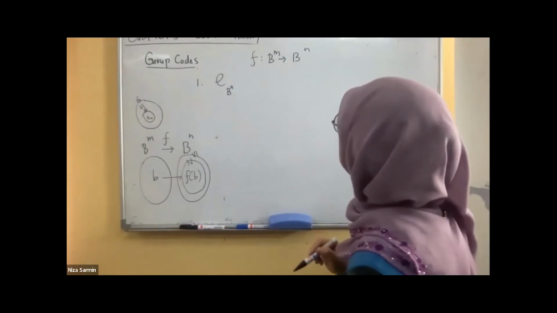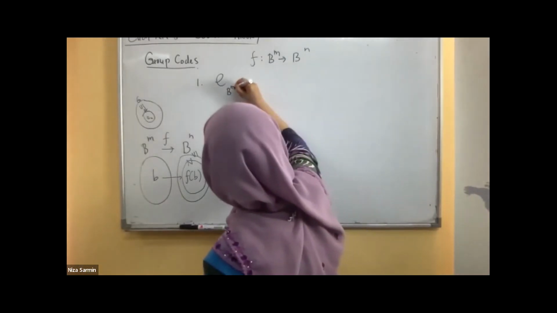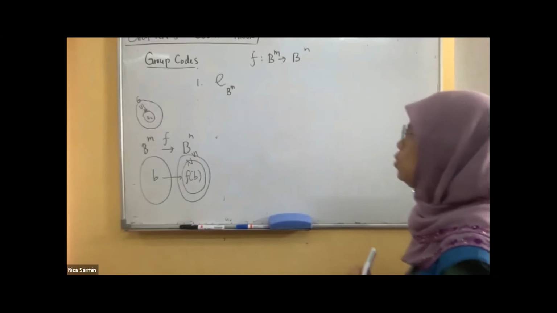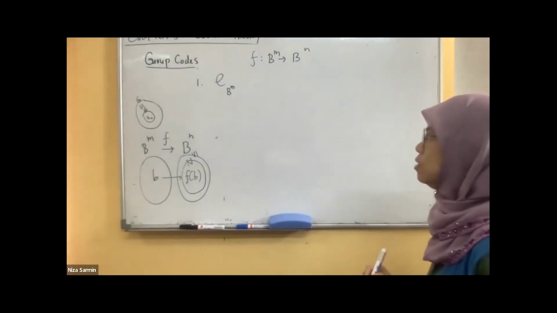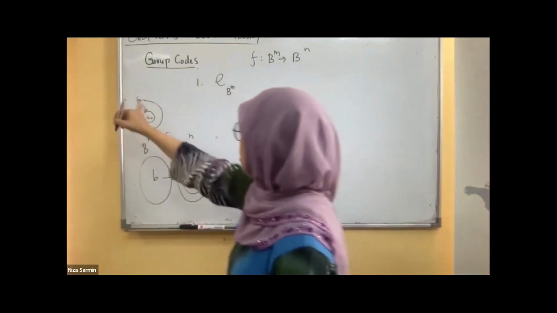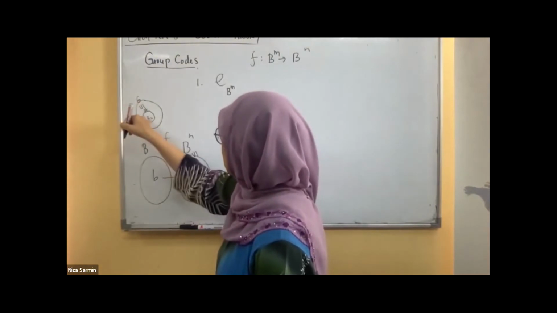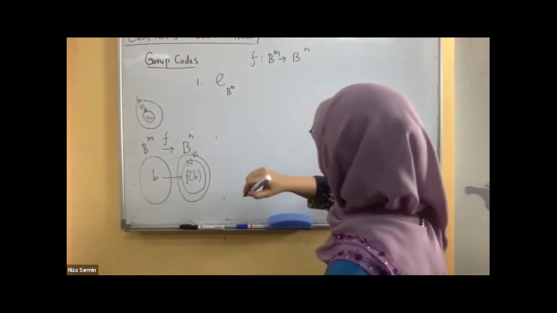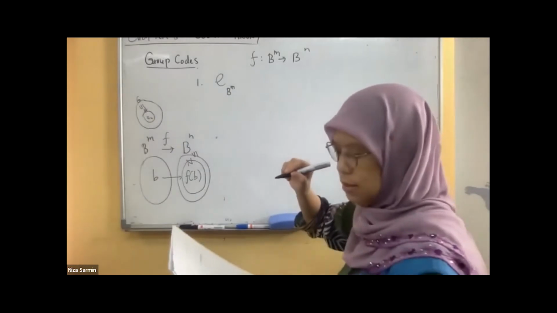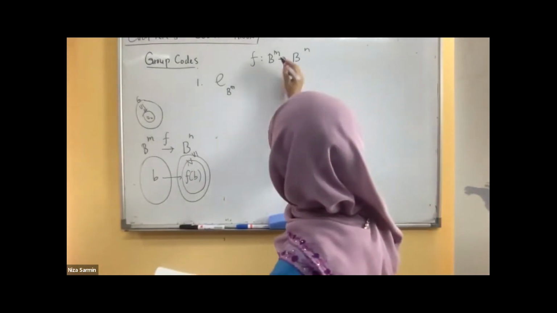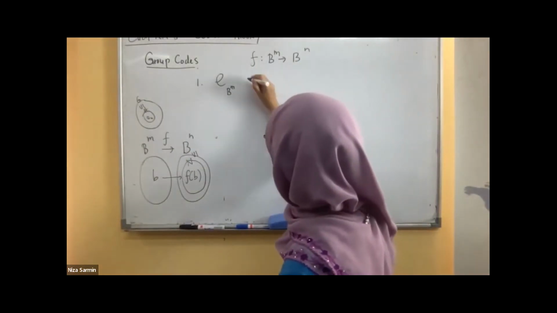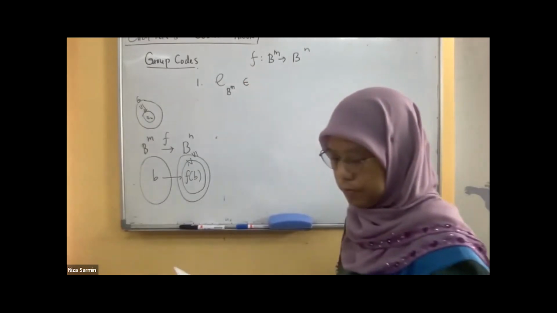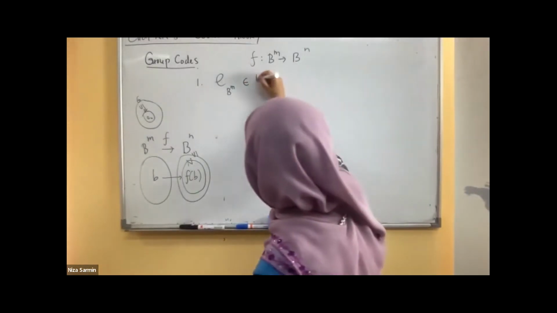Because we want the identity of G inside here.